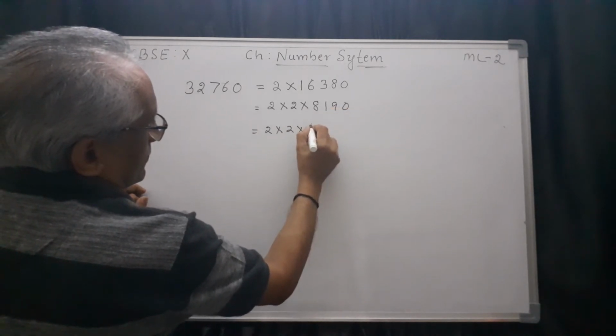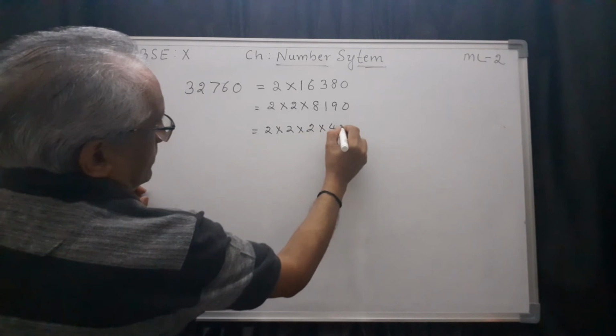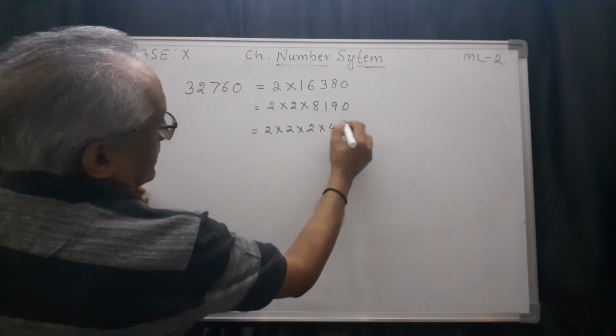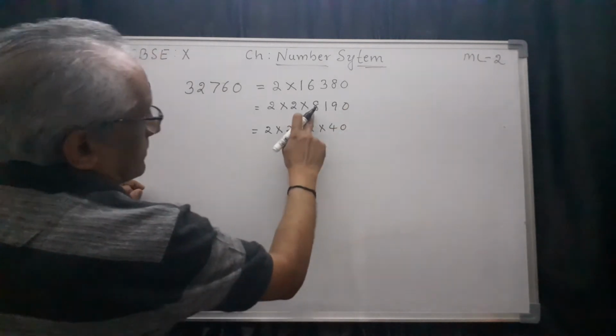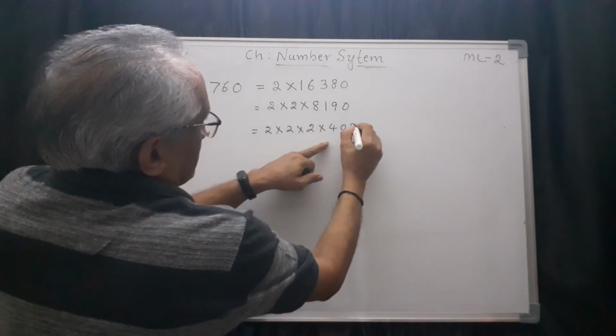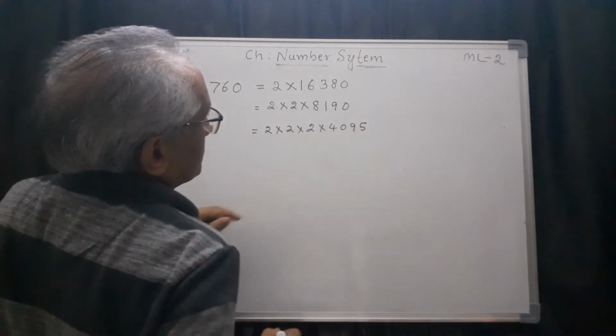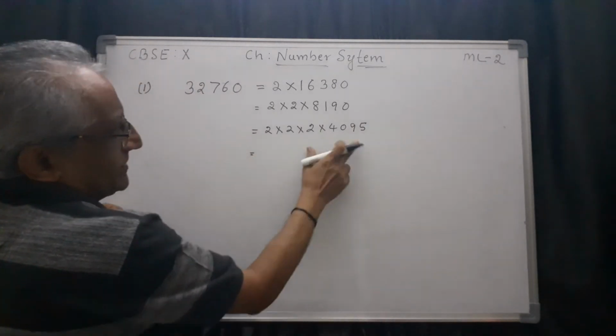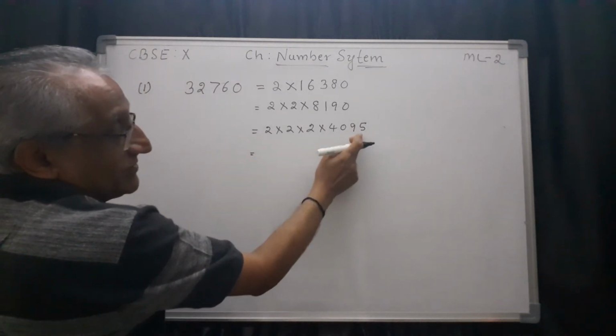even number, 2 into 4, 0, then 2 fours are 8, 2 nines are 18, then 5. Now it is not even, it is odd, but it is divisible by 5.